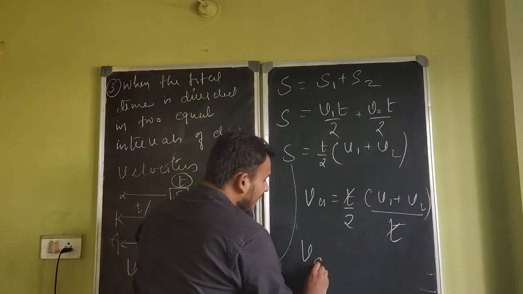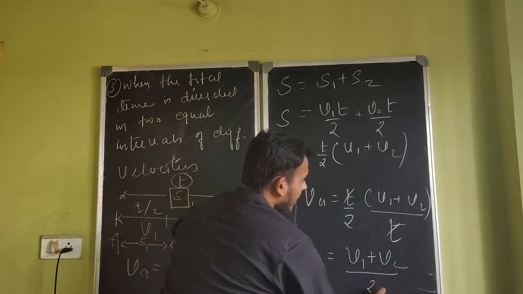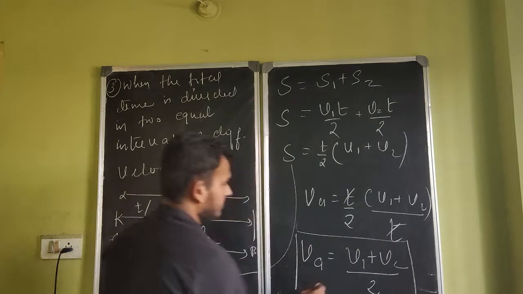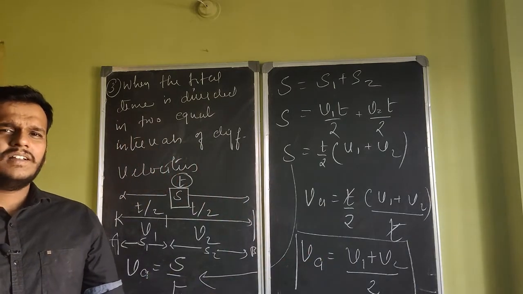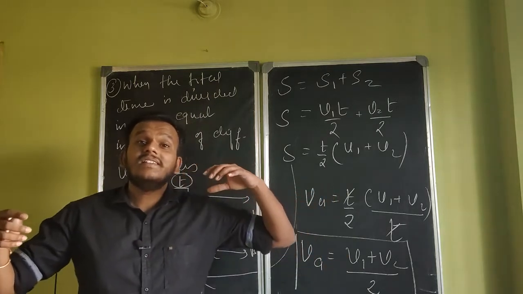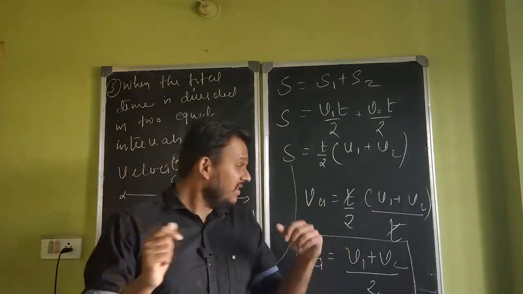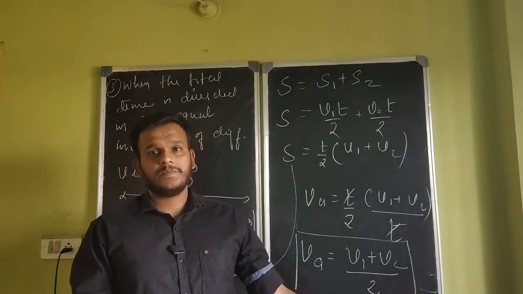And therefore I'll get average velocity as V1 plus V2 by 2. Simple as that. So average velocity when a particle travels the total journey in two equal intervals of time is V1 plus V2 by 2.